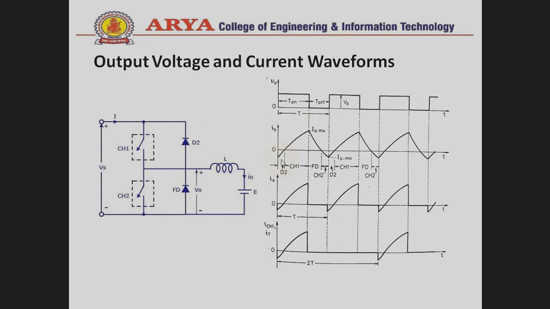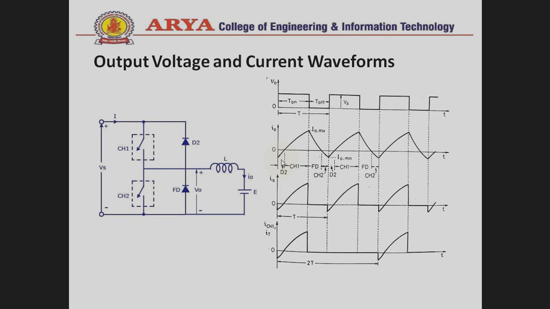The output voltage V out is always positive because of the presence of the freewheeling diode across the load. When chopper 2 is on or freewheeling diode FD conducts, output voltage V out equals 0. In case chopper CH1 is on or diode 2 conducts, output voltage is equal to Vs. That's why we get the output voltage in the T on time period.